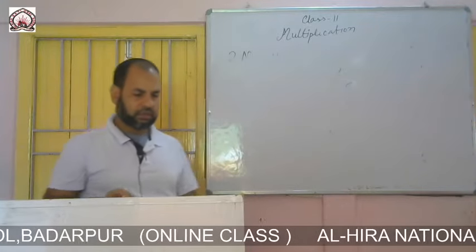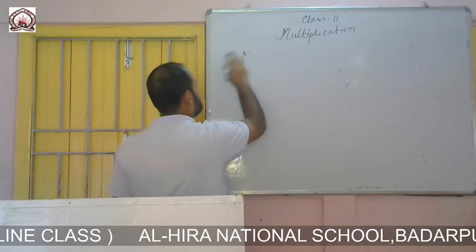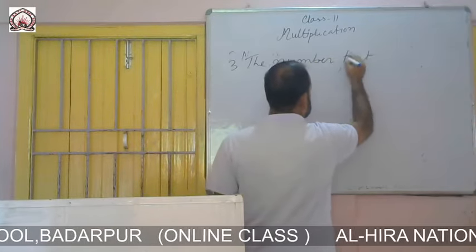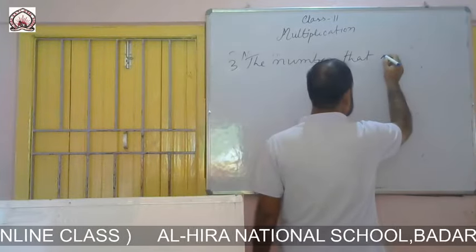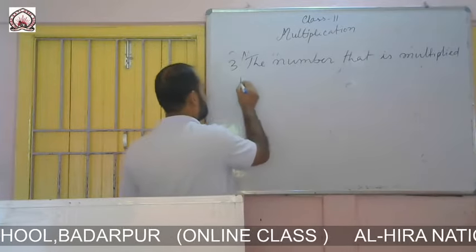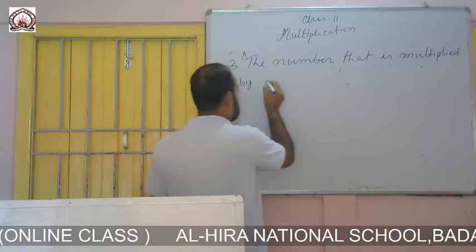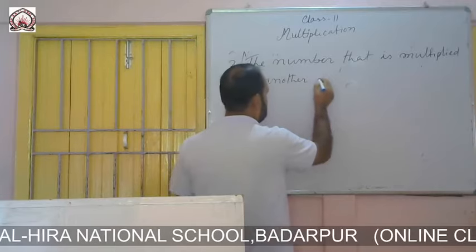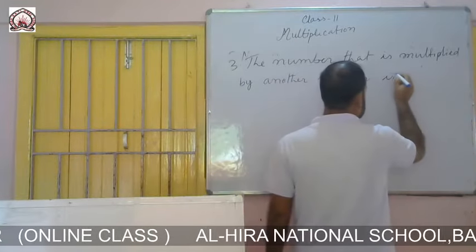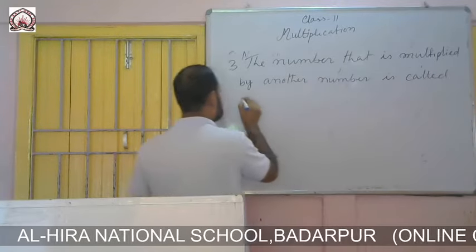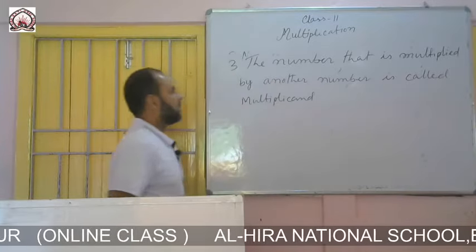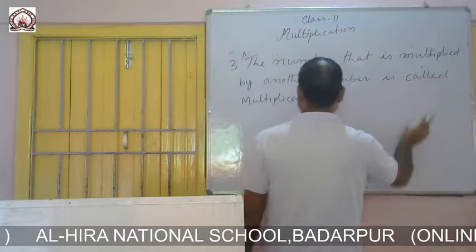Number 3. The number that is multiplied by another number is called multiplicand.